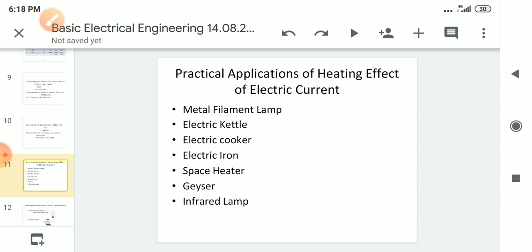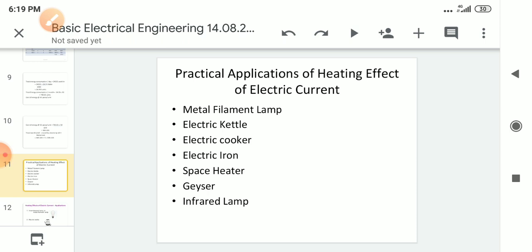So here the main concept is what? The electrical energy is converted into heat energy. The body of an electrical motor, or the body of a fan or bulb, becomes warm after a long run due to what? This heating effect of electric current only.